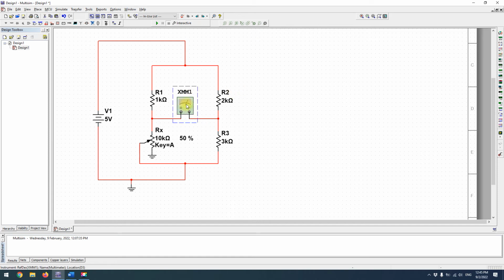To show how we obtain the calculated side and whether it equals the simulated side, we're going to put another 4 multimeters to measure the voltage across each of the resistors. So rotate, and it's already voltage. This will be for this.